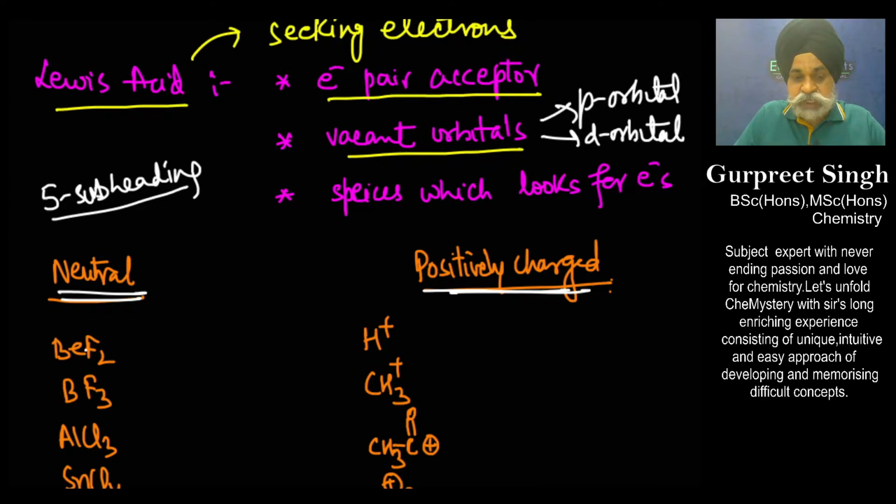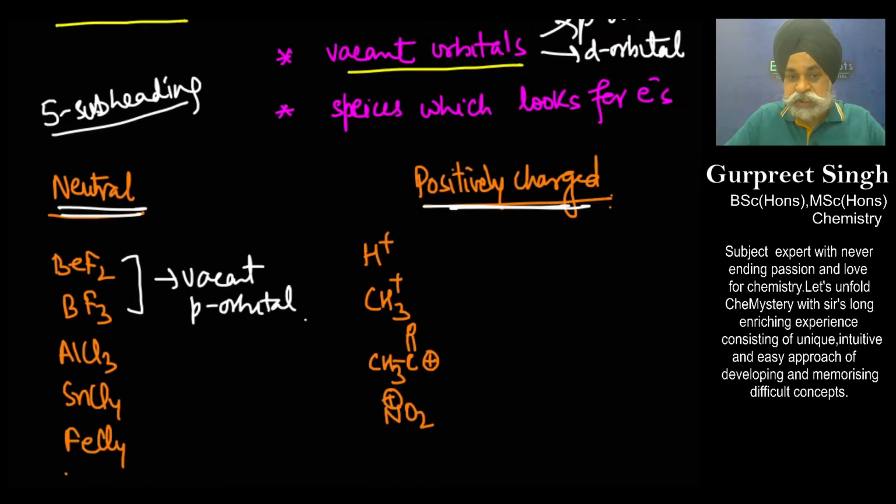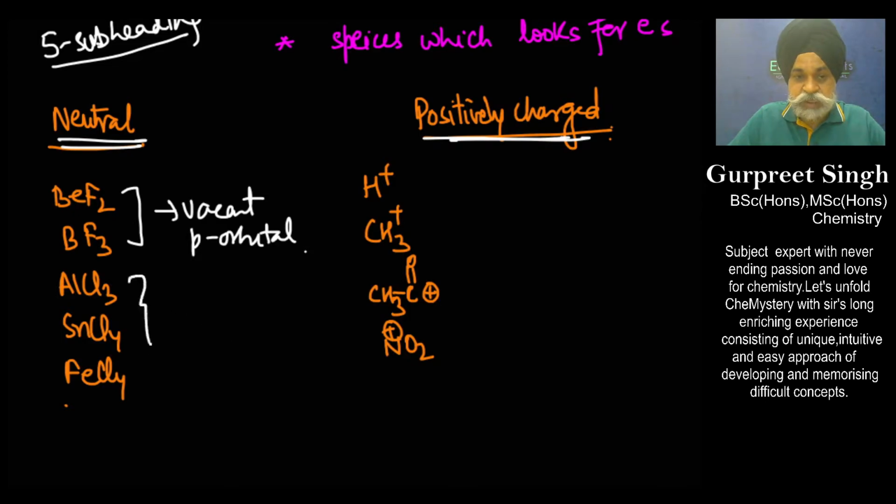The neutral ones, like BeF2 or BF3, have an incomplete octet and vacant p orbitals. These vacant p orbitals can accommodate a pair of electrons. Similarly, there are some Lewis acids which have vacant d orbitals for accommodation, so they may accommodate a pair of electrons from the Lewis base.